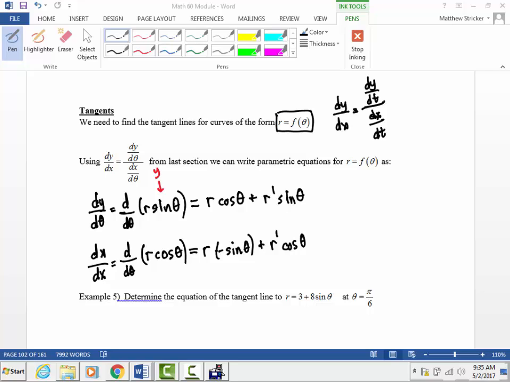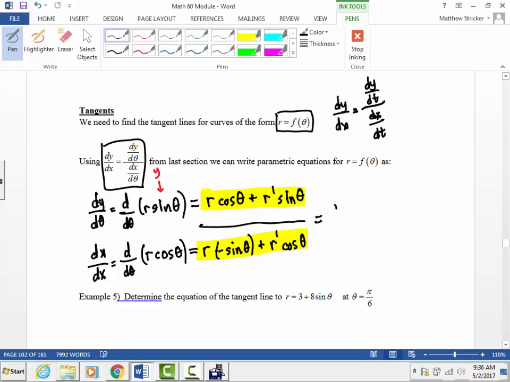And so, if I look at this formula right here, this is my dy d theta and this is my dx d theta.